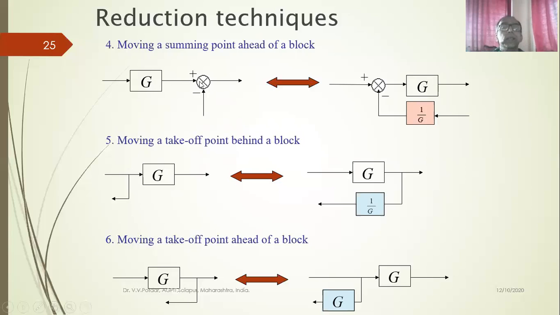The equivalent block diagram shows I have taken the block inside, but in the feedback path I have to insert 1 by G so that the overall relationship is restored. All these rules you have to remember, friends.